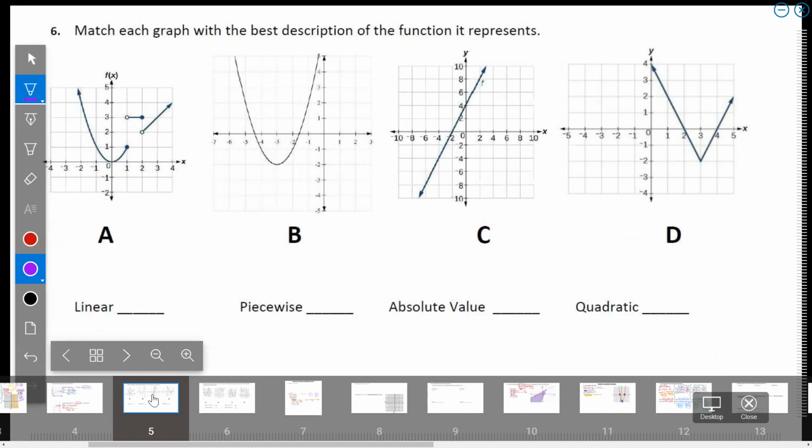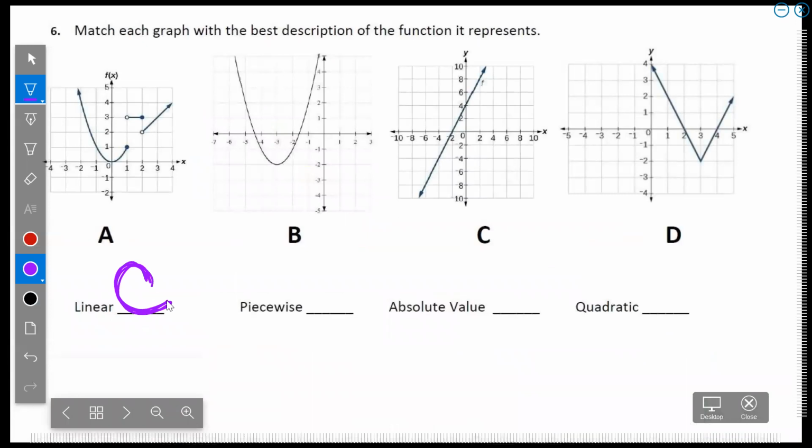Let's try to use some process of elimination. Which one of these 4 graphs is linear? C. What does quadratic mean? Quadratics make what kind of a shape? A U shape. Which one of these has a U shape? B. So B is quadratic. All right, so we've used this one, we've used this one.